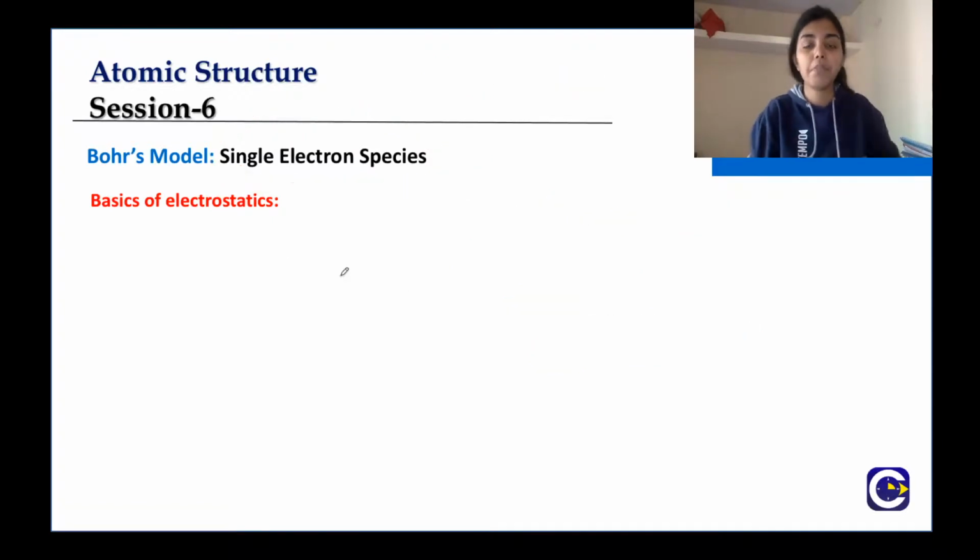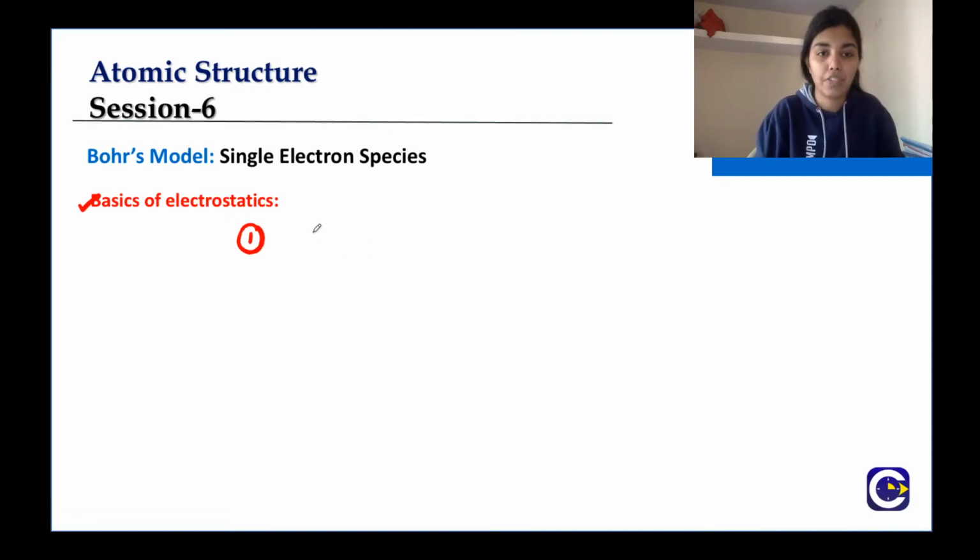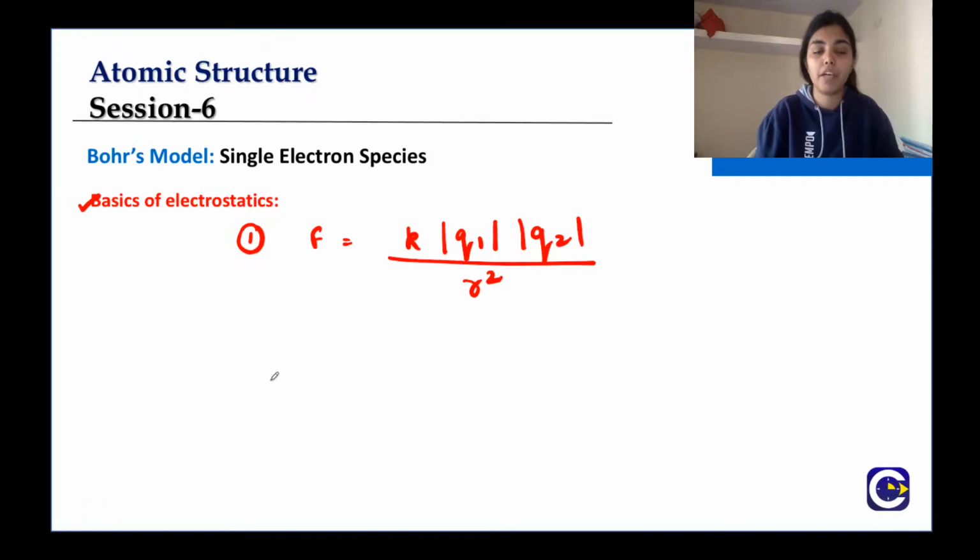Now, before deriving the formulas, let's revise the basics of electrostatics. First, the force of electrostatic attraction between two types of charges is equal to K into Q1, Q2 divided by R square. Mod of Q1, mod of Q2 divided by R square.